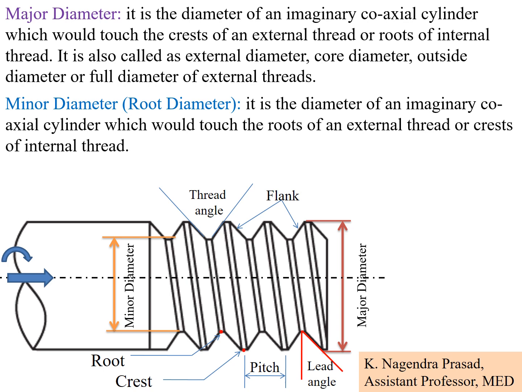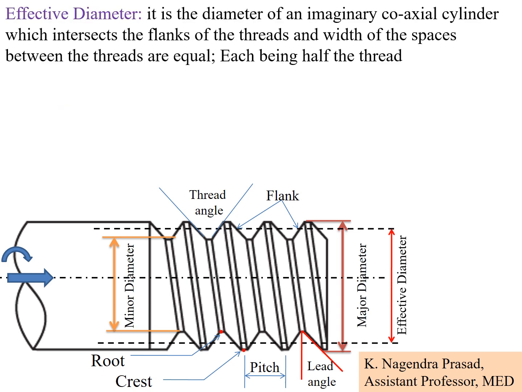Next is the effective diameter. Effective diameter is the diameter of an imaginary coaxial cylinder which intersects the flanks of the threads such that the width of the spaces between the threads are equal.